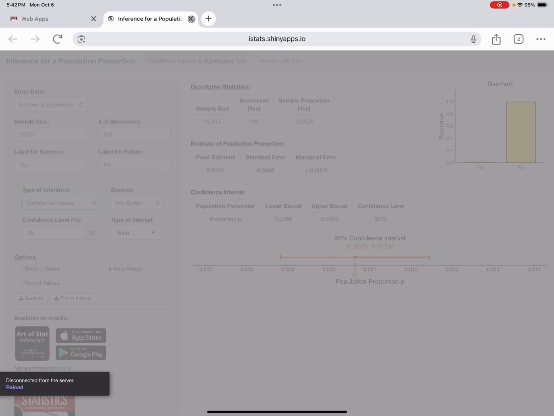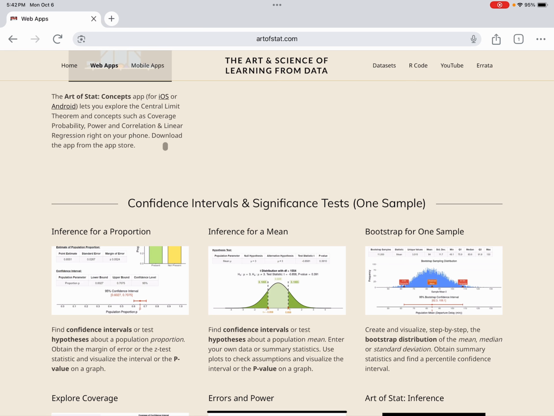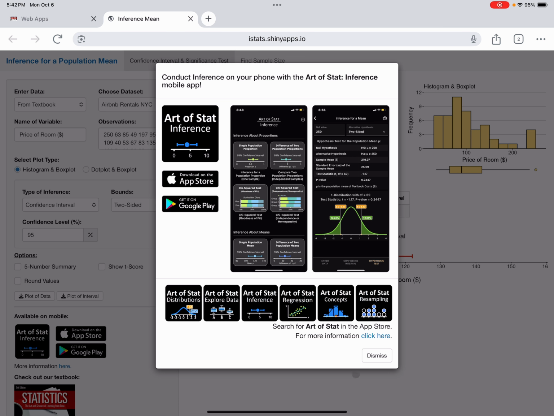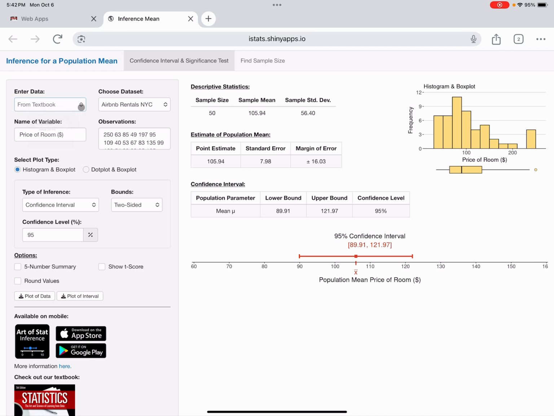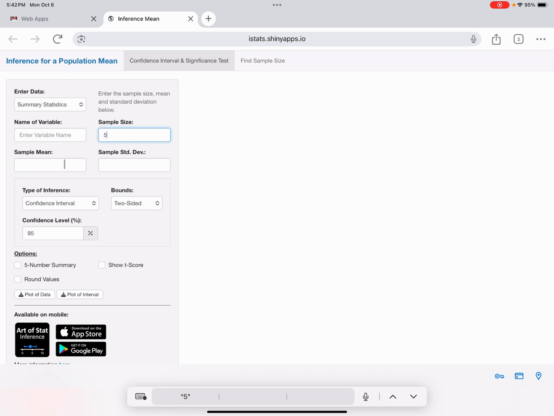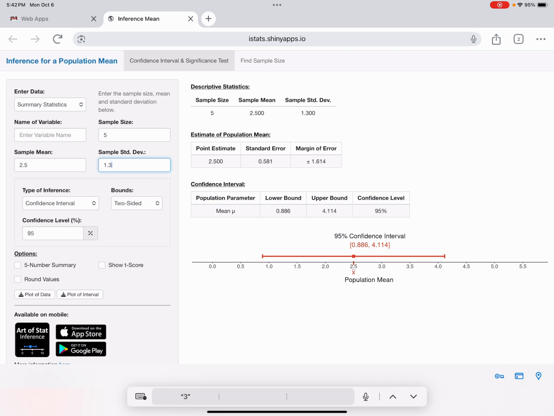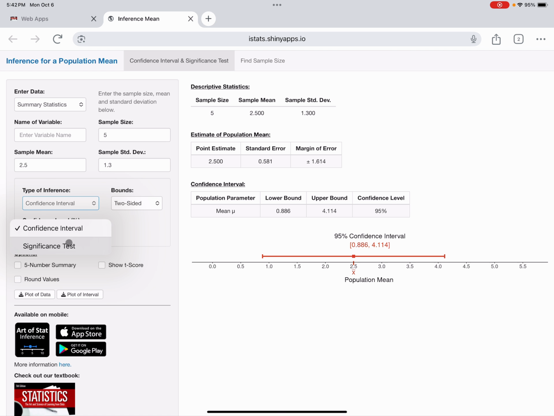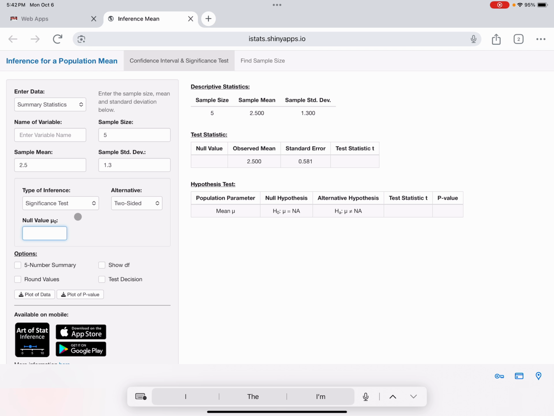Okay, done with the inference for a proportion. I want to run inference on a mean. We've got some summary stats. Sample size was 5. Sample mean was 2.5. Sample standard deviation was 1.3. And the null value was 3.5.